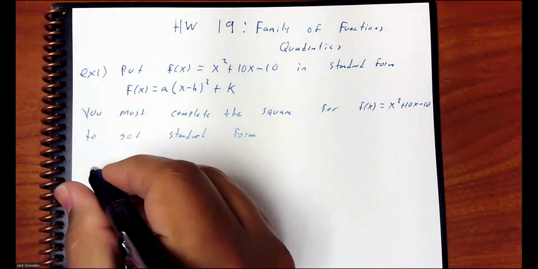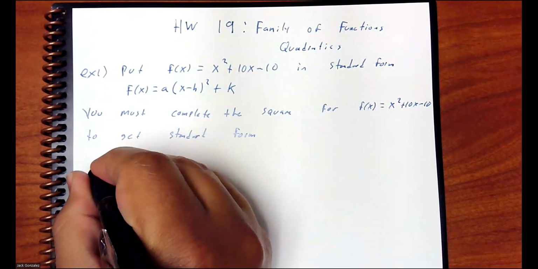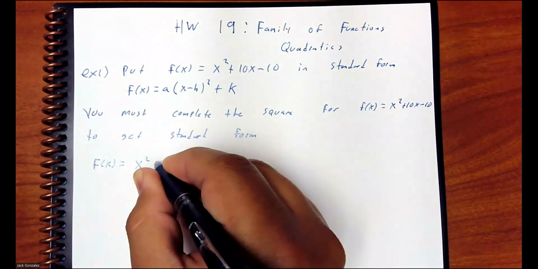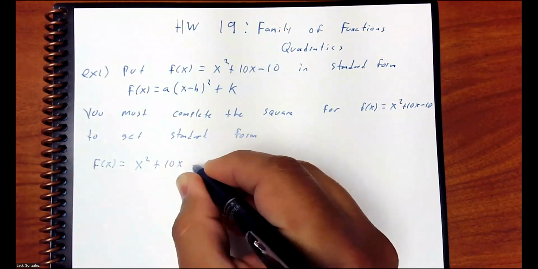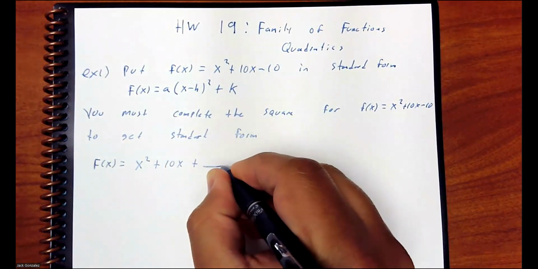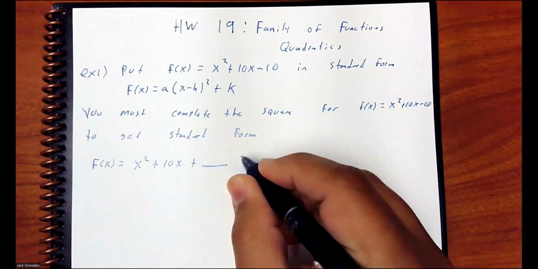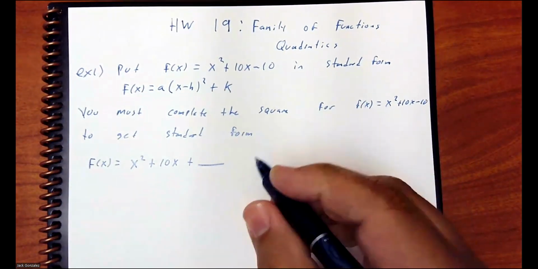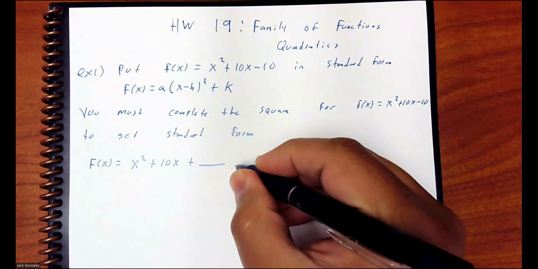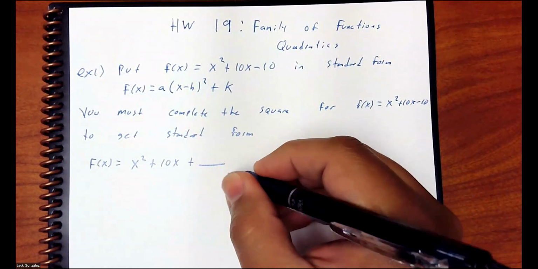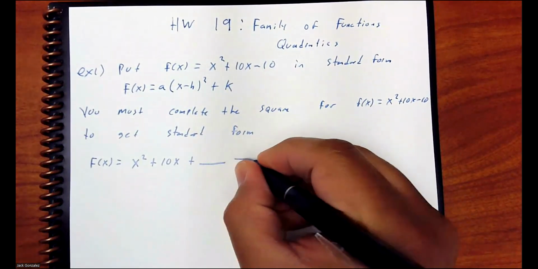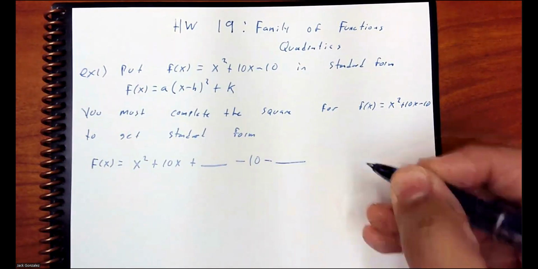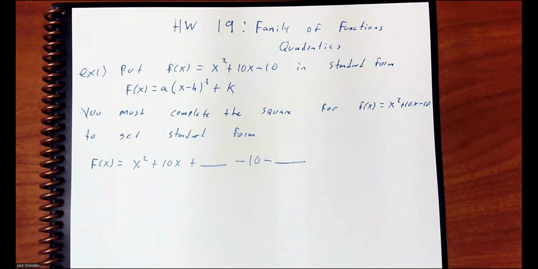Okay. So what I want you to do is just take the function, make a little space between the 10x and the -10. You're gonna add a special number and then subtract that same special number right after.